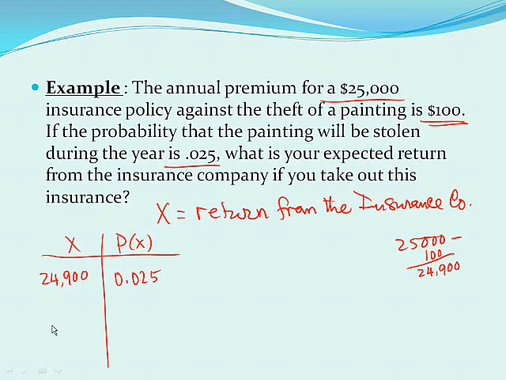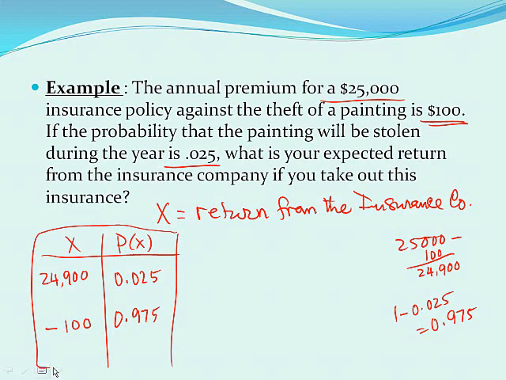So because we are paying that amount, it will be -$100, and the probability for that case will be 1 minus 0.025. So we will get 0.975. So this will be probability 0.975. So this table is the probability distribution for this case. We have two values for x and the corresponding probabilities.